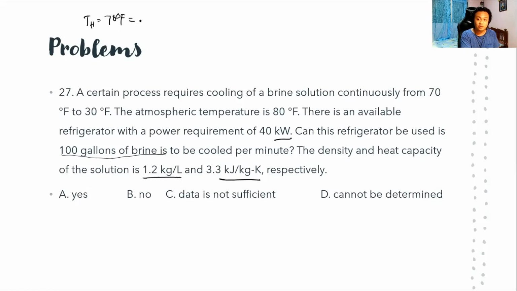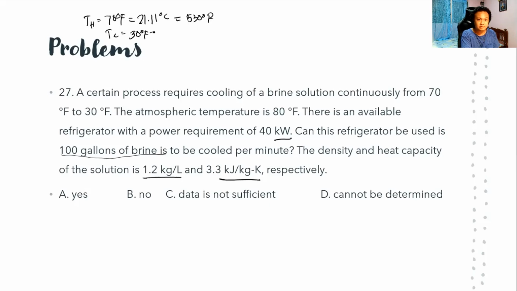I will transform these to SI units. Okay, so 21.11 degrees Celsius, and then actually we can also get the Rankine. So as I said, it really doesn't matter which units you use, but be consistent.